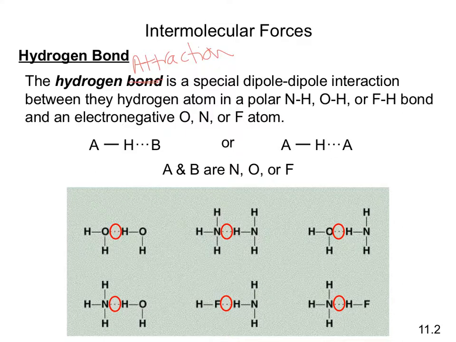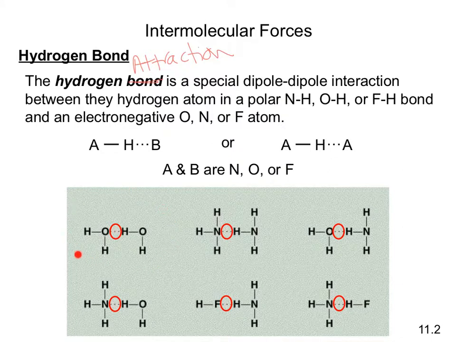So it's a super strong dipole because hydrogen is very small and it's bonding with F, O, or N, and because those are all very electronegative, you end up with a very polar molecule. So here are the three most common chemicals, and you can see that all of them can make hydrogen bonds to each other.